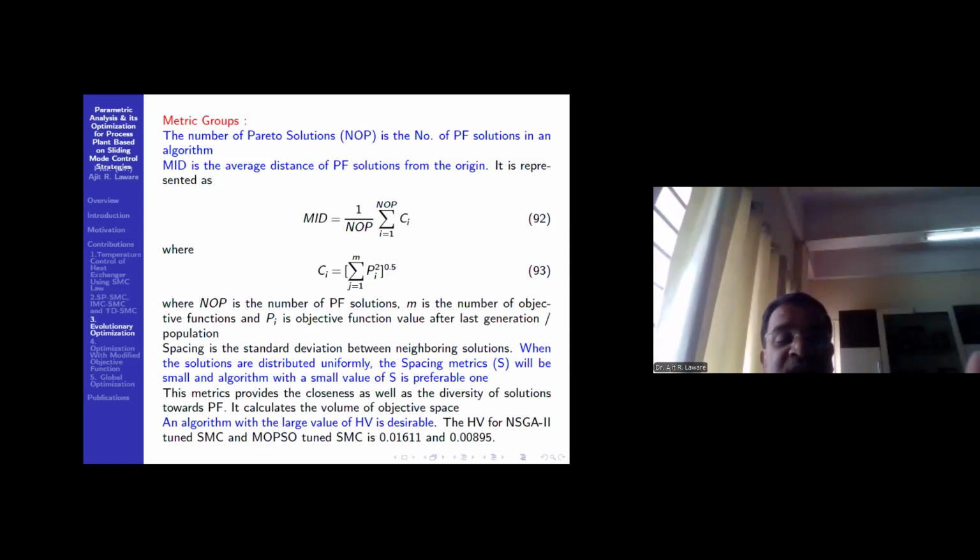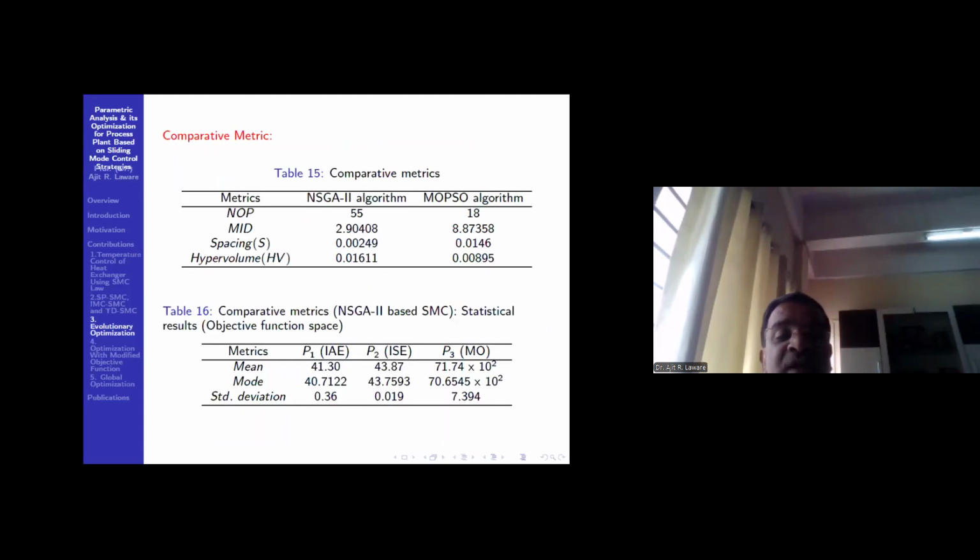Spacing is basically the standard deviation. NOP, MID, spacing, hypervolume are tabulated, and mean, mode, median, standard deviation are there. Based on this comparative metrics, which algorithm, either NSGA2 or MOPSO, is better is concluded.